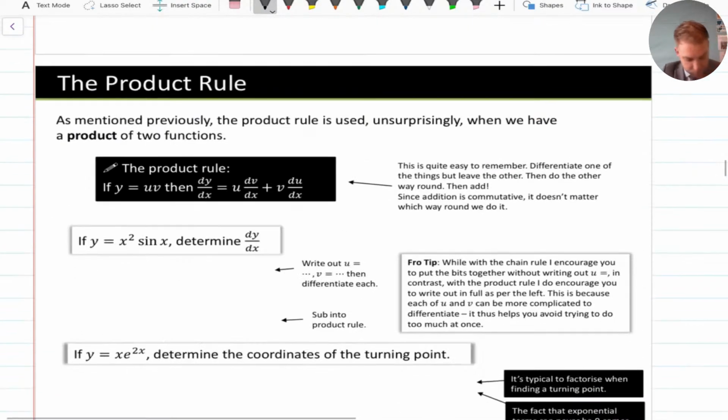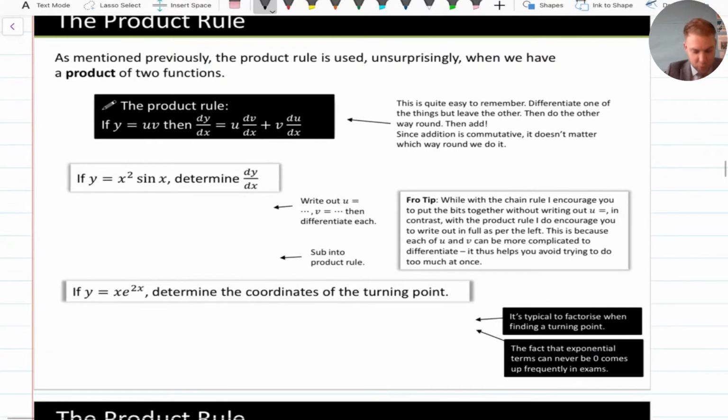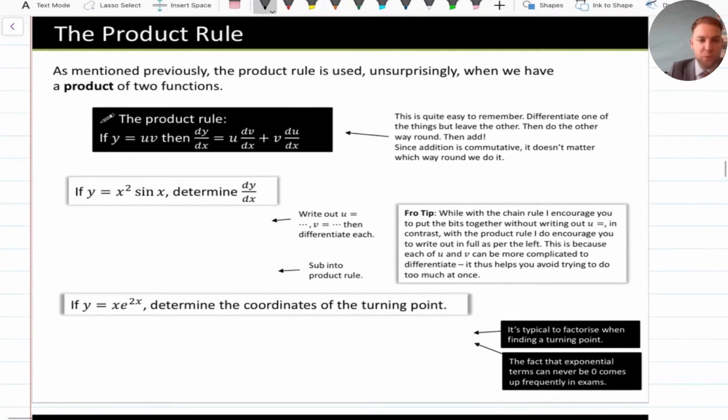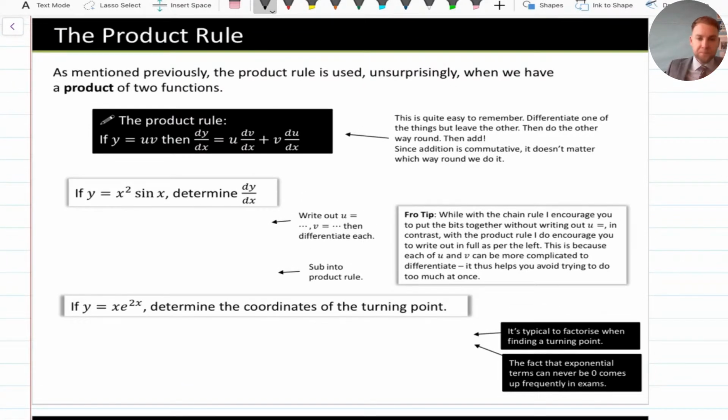Okay. So we're going to have a look at a new rule, which is called the product rule. The first one was the chain rule, where you've got things inside each other, kind of layers going down. This is different. This is the product rule, and this is when you've got two things which are multiplied by each other.